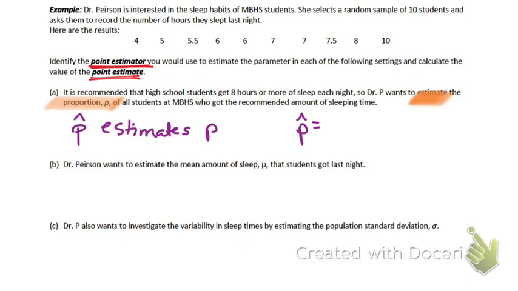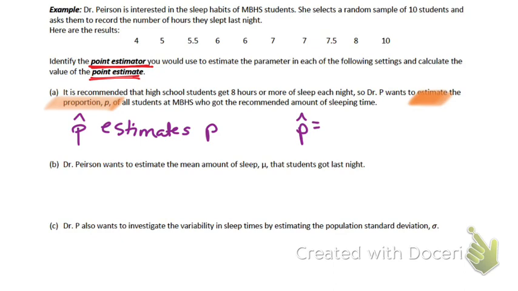But you said we couldn't know that. We don't know p, but we can get the sample proportion, which estimates p. So, what is the p hat for this problem? In the sample of 10 students, what is the proportion, the p hat, that got 8 or more hours of sleep? 1/5.